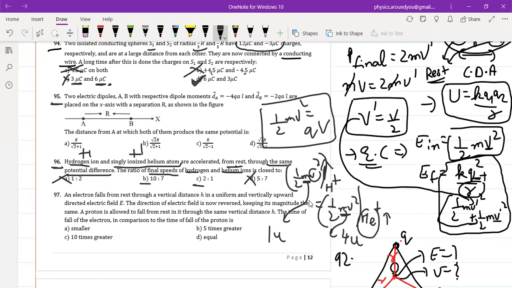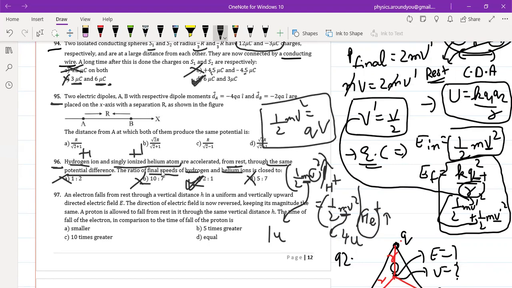But 10 and 7 don't come in this equation at all. It is 1 and 4. So I can eliminate that. The only left choice is option C for the 96th one. So the 96th one goes with C. These are heavy conceptual questions.